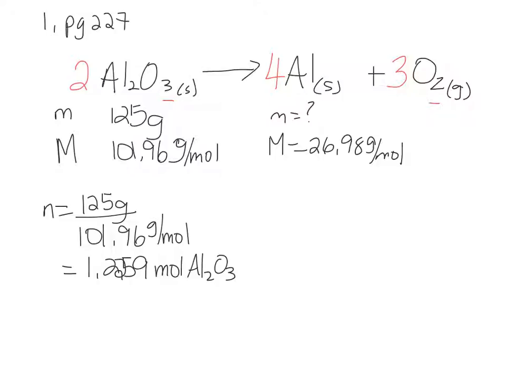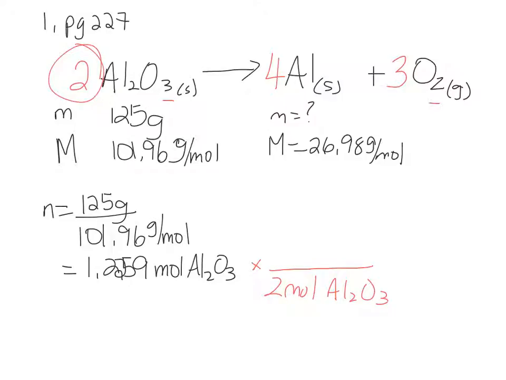So the mole ratio that we need to use has to have substance A, aluminum oxide, on the bottom so that it cancels. And from our chemical equation, that number is 2.